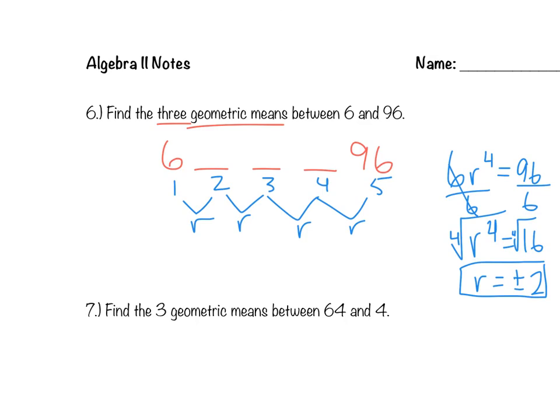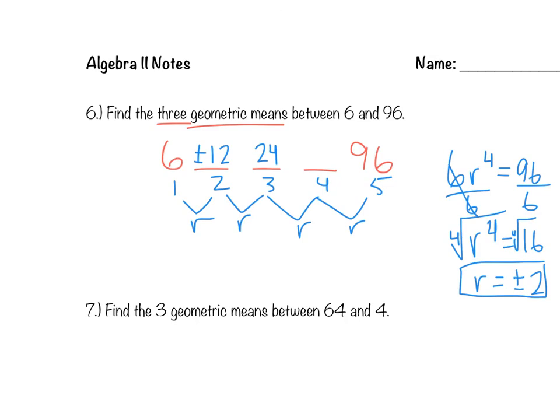So when you apply the ratio to this, you're going to just do plus or minus. So when I do 6 times the ratio of plus or minus 2, it would be plus or minus 12. But notice now when I go to the third one, positive 12 times 2 and negative 12 times negative 2 are the same number, so the next one won't have a plus or minus.